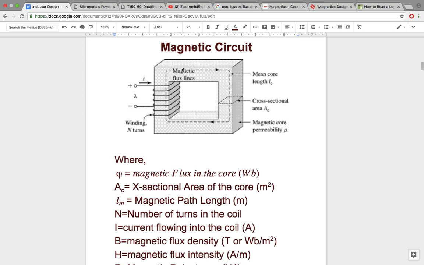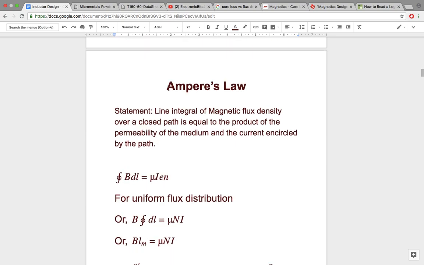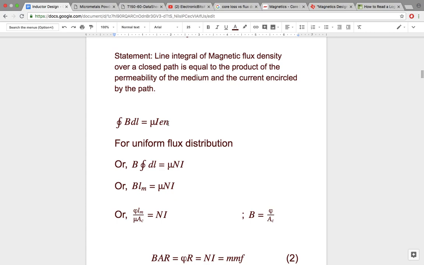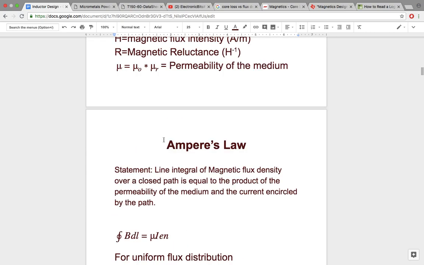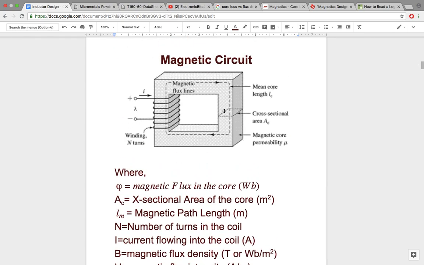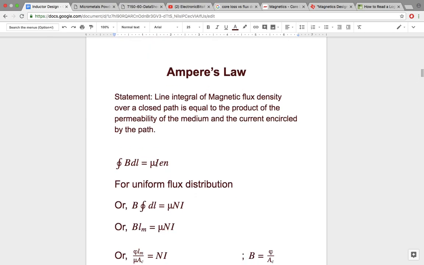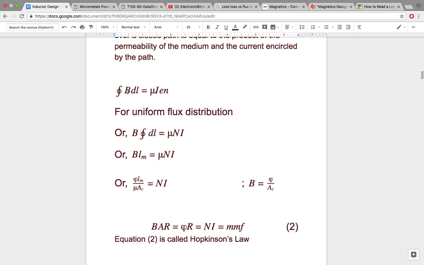The total current enclosed is nothing but N into I, because there are N turns, and hence we can replace I enclosed by N into I. If we assume the magnetic flux distribution is uniform throughout the magnetic path, then the magnetic flux density is constant, and we can take B out of the integral, leaving just the integral of the path length, which is the magnetic length.